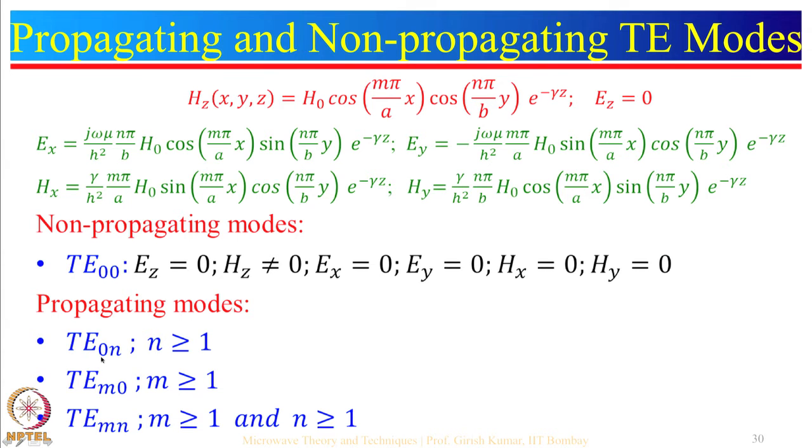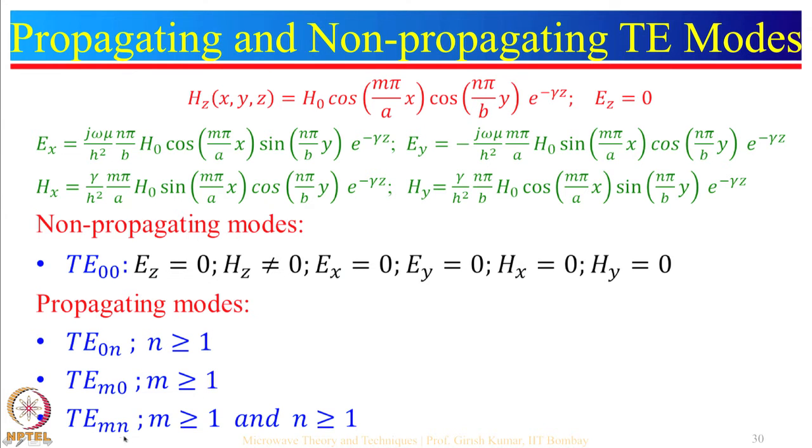And if we put m equal to 0 and n can be anything greater than 1, then Hz, Ex and Hy will not be 0, and if we put n equal to 0 and m can be anything greater than 1, then Hz, Ey and Hx will not be 0, and because of this there will be propagation of the waves in these two modes.